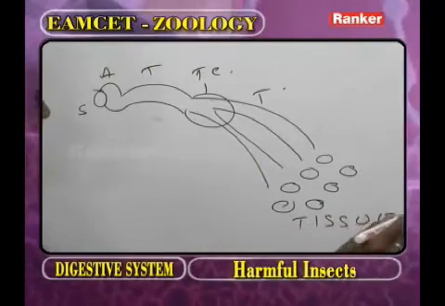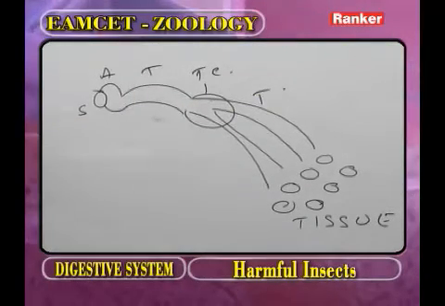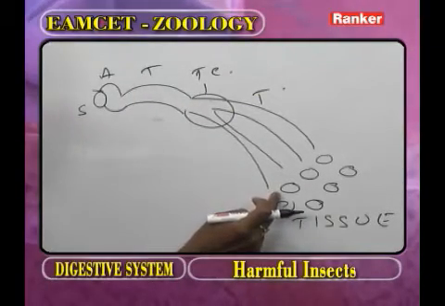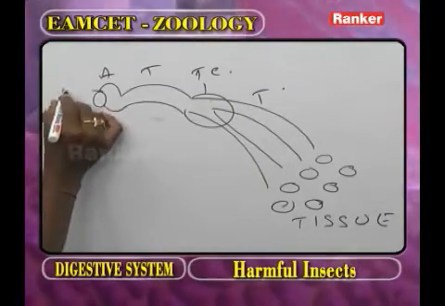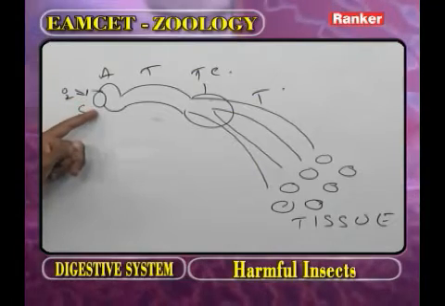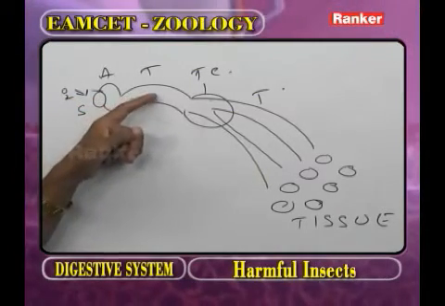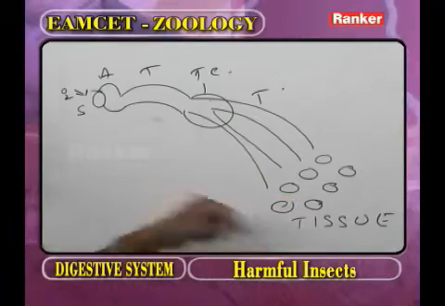Because of the tracheal mode of respiratory system, each and every cell directly gets the oxygen. The oxygen enters the body through spiracle, atrium, trachea, tracheoles, and enters the cells of tissues.